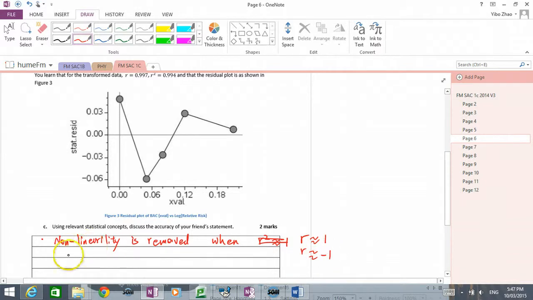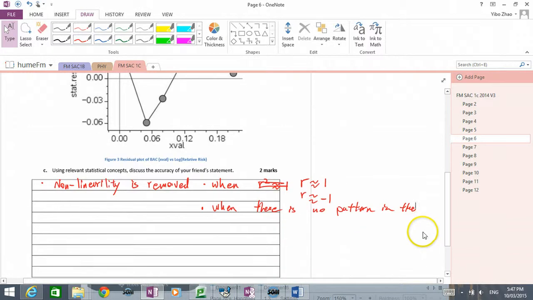And also when there is no pattern in the residual plot.